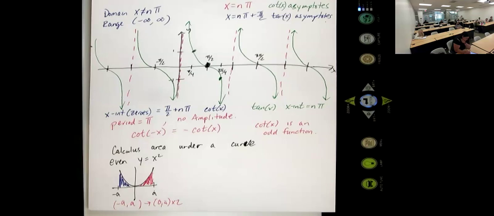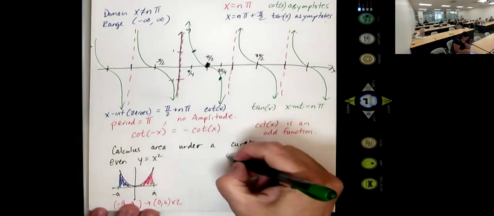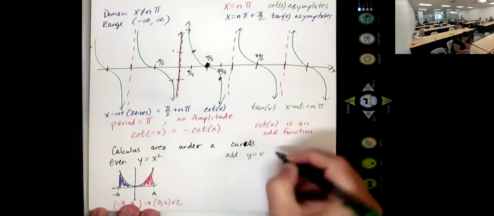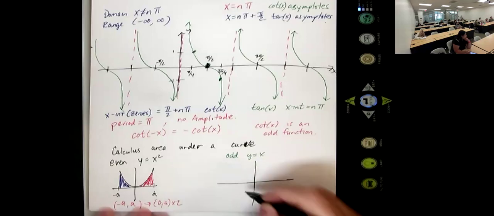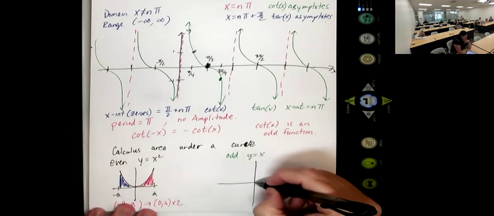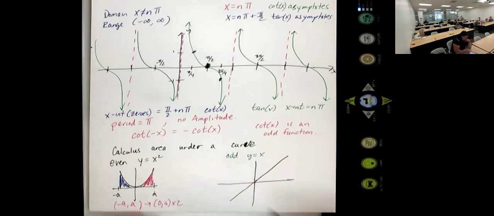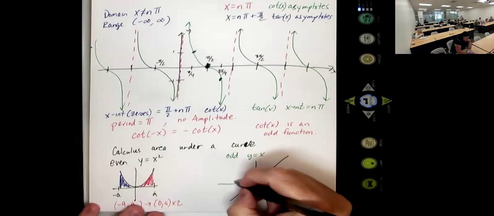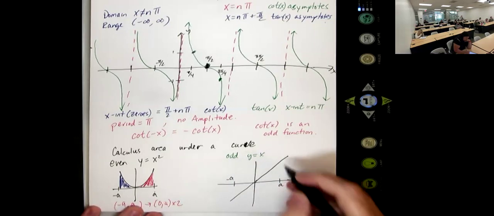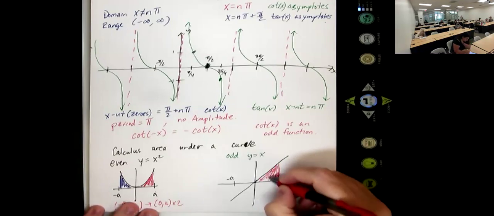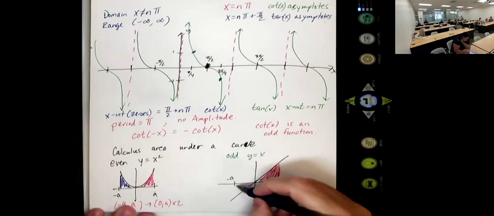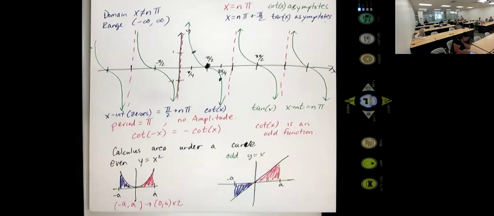And when you have an odd function like y equals x, and we do negative a to a, again, the red side is the same as the blue side, but they offset each other.